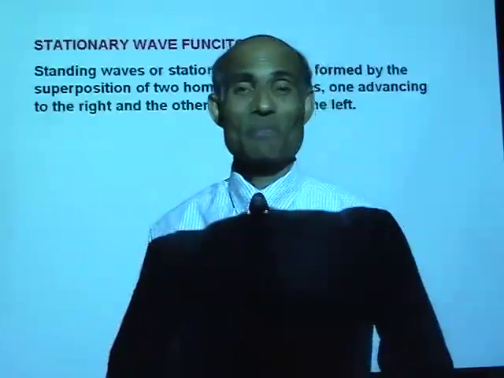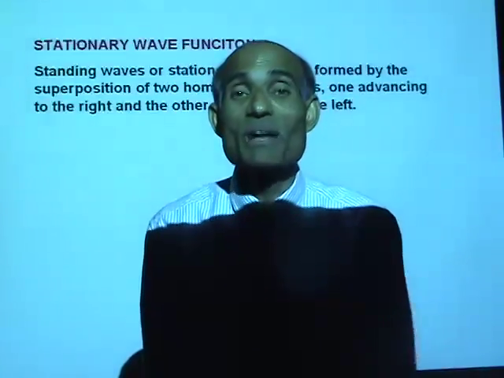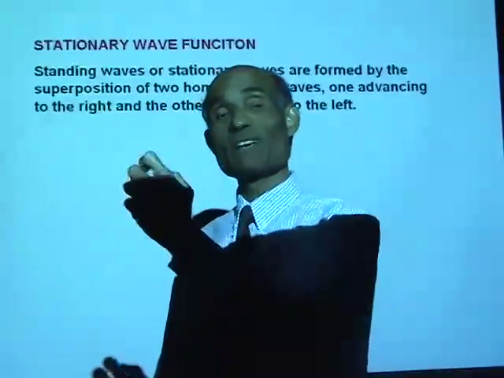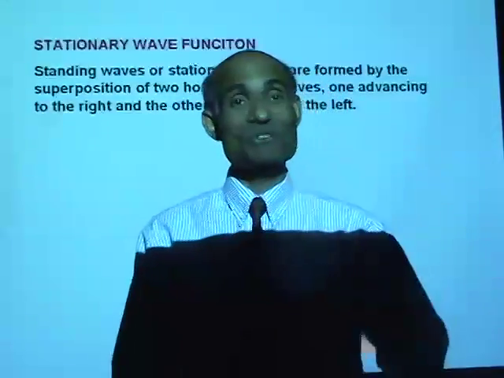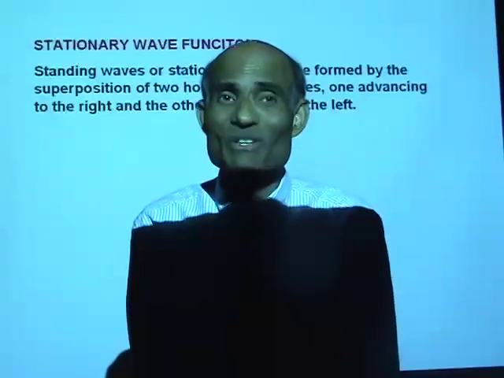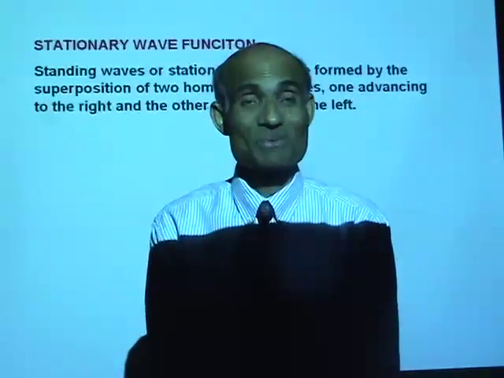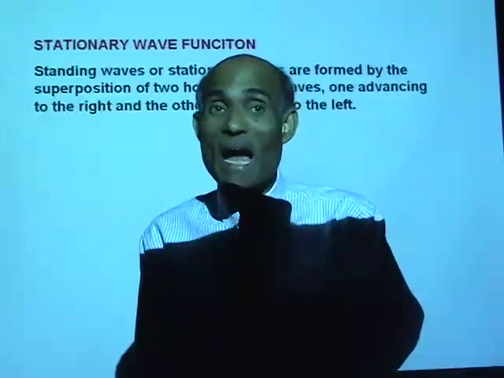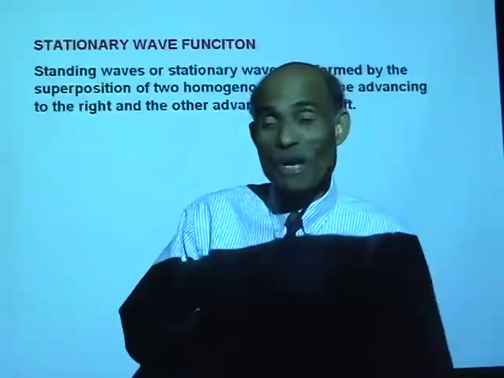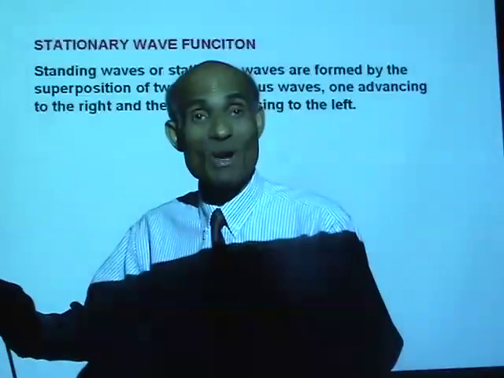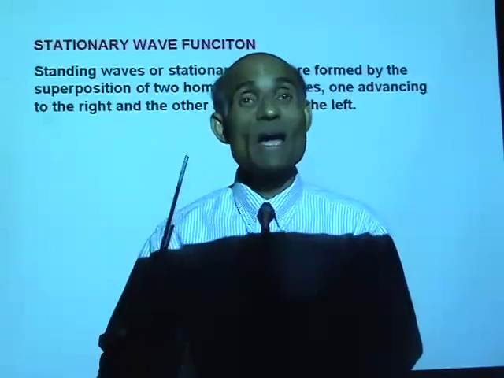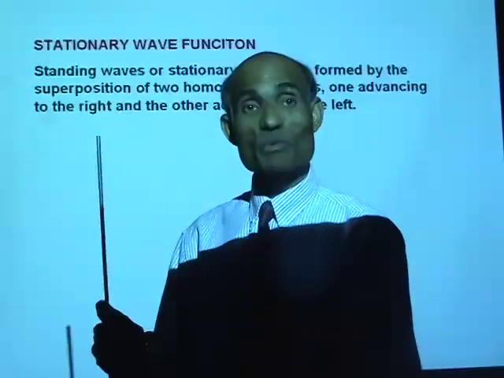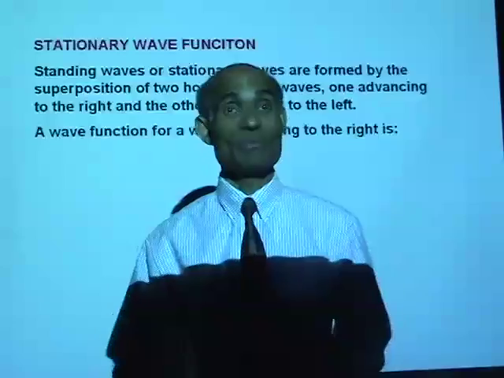Let me ask you. In the last lesson, we developed equations for a harmonic wave advancing to the right and a harmonic wave advancing to the left. Do you remember those equations? Well, y equal to A sine(kx minus omega t) is the equation of the wave that advances to the right. y equal to A sine(kx plus omega t) is the equation of the wave that advances to the left.